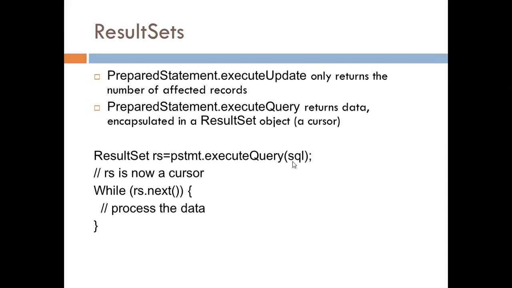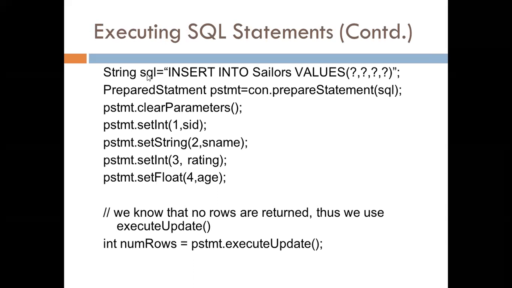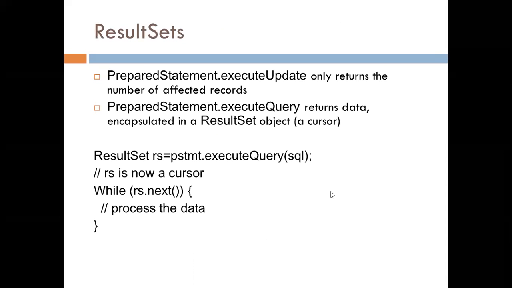So what is SQL? SQL is the statement or a string. Then on a prepared statement, we are using this, the entire result, whatever is written, belongs to a class, that is ResultSet. ResultSet rs is equal to this particular statement. Now rs is a ResultSet object.